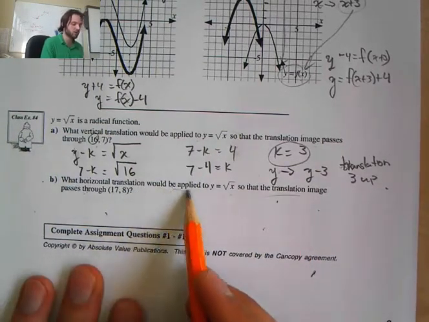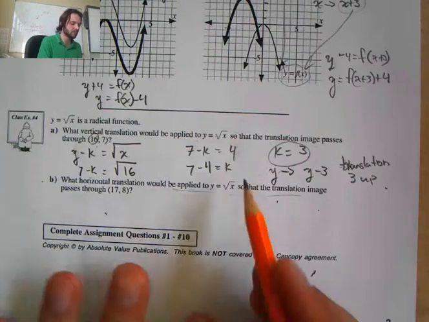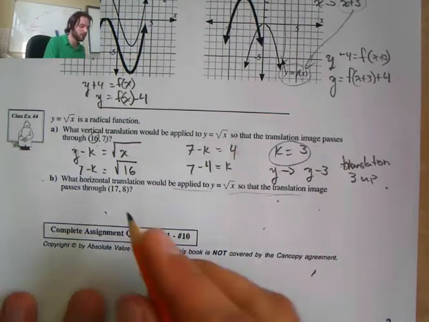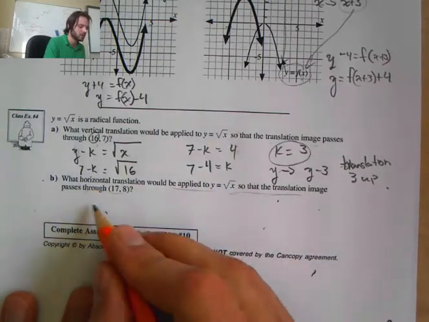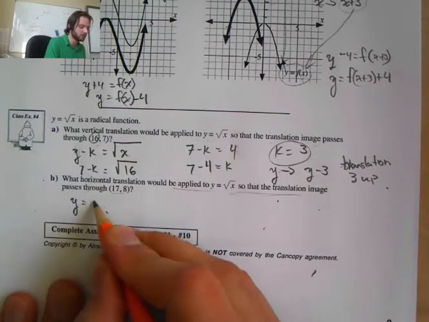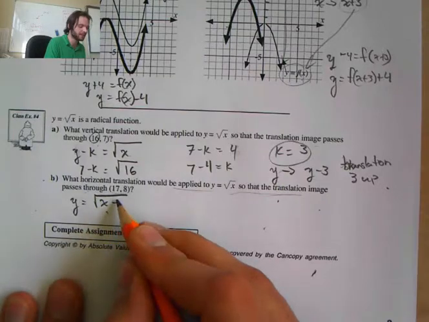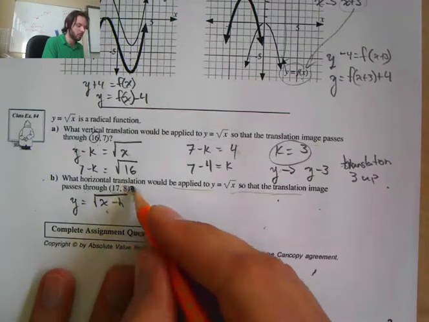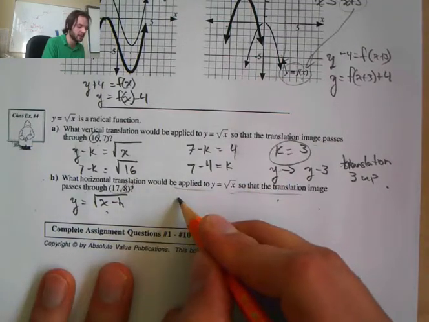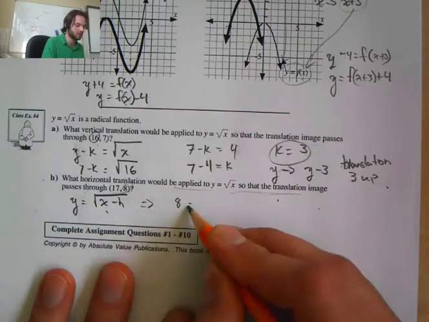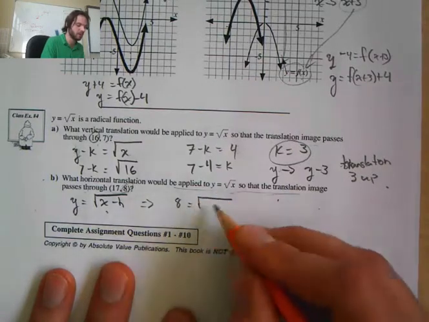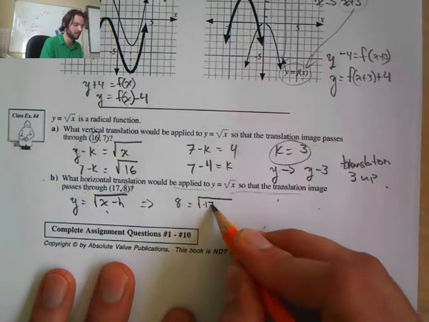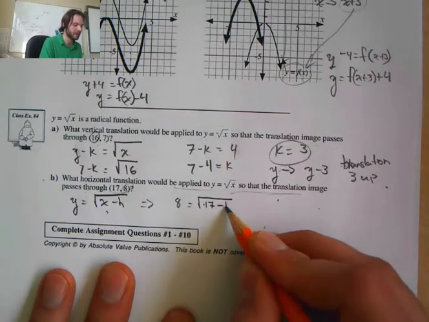Okay? Now here we go, we have a horizontal translation. So now we're looking at a horizontal translation. Okay? So if we're looking at horizontal, there's an h being involved, and the y is staying the same. So we have y is equal to square root of x minus h. Okay, so we have to solve for that. Now, we know my y is staying the same, so that's going to be 8 is equal to the square root of, and x is 17, and we want minus h.